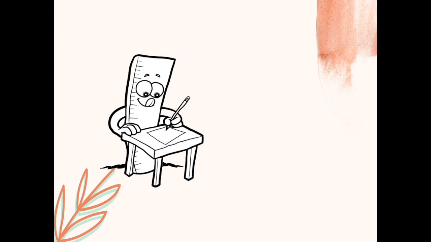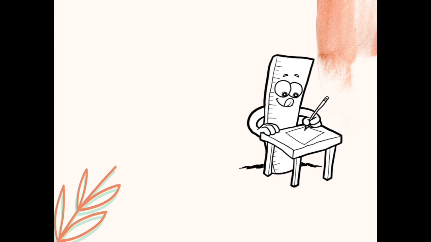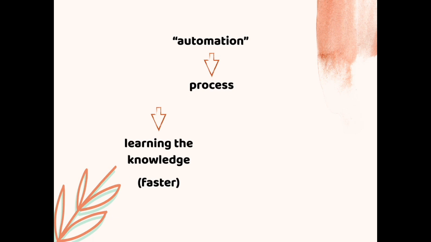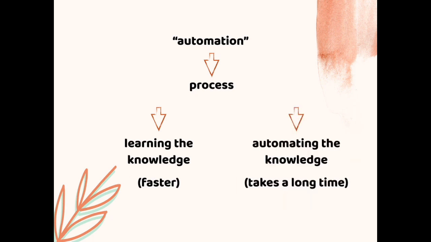When learners practice lots, they reach a high level of automation, which is often called highly automated knowledge. In this context, automation is often used as a word to describe the process. The procedure requires learning them first, which is relatively quick, and then automating them, which takes a long time and may not be perfect for most learners.